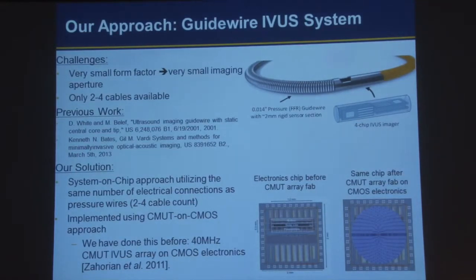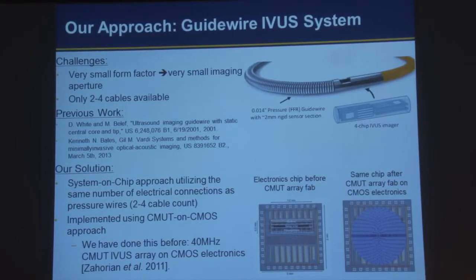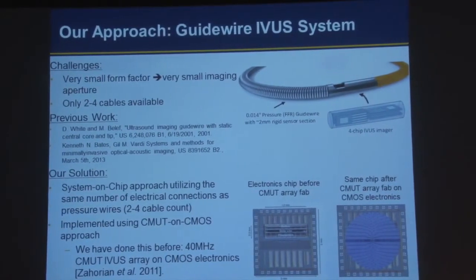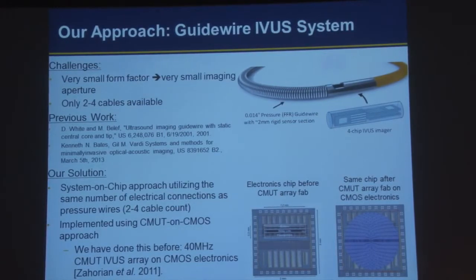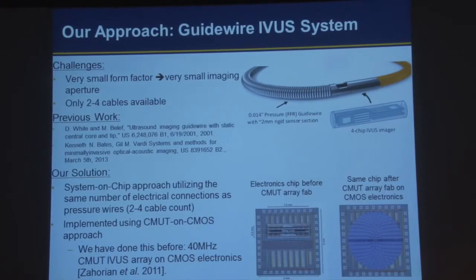So the idea is that we will have 4 small chips in that space. And again, the challenge is that you have a very small form factor and small imaging aperture, because you're talking about a very thin 400 micron thickness cable, and you cannot put too many conductors over that line because they want to use the rigidity of the wire. The more cables you put in, the more they lose rigidity, and the doctors don't even like 2 cables added.